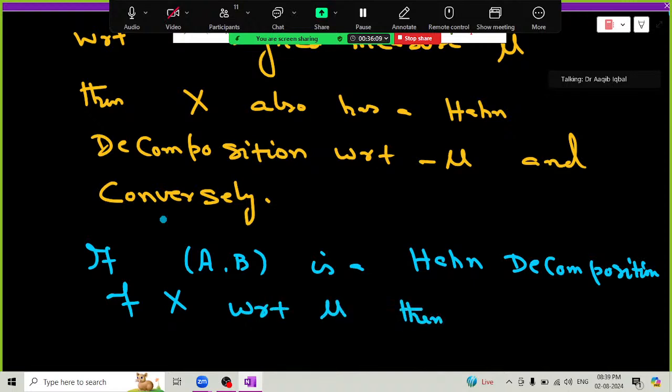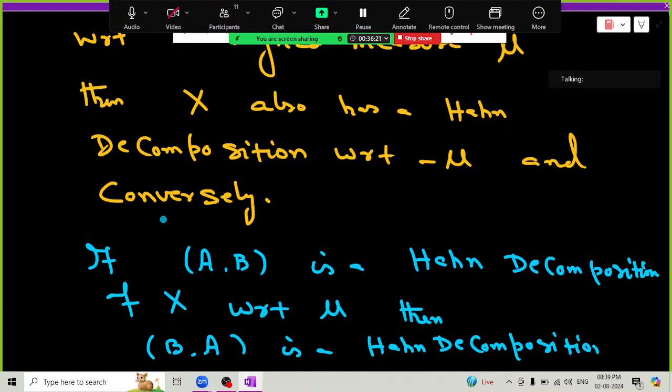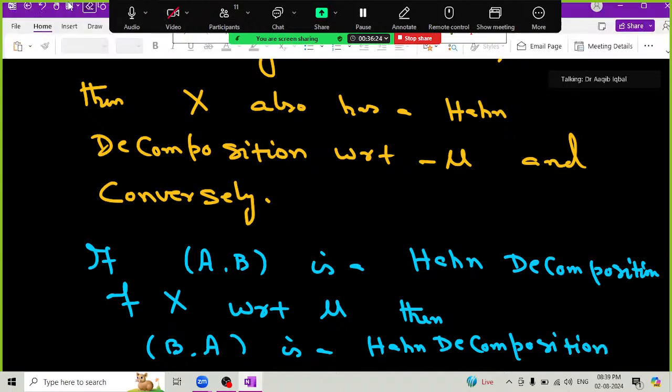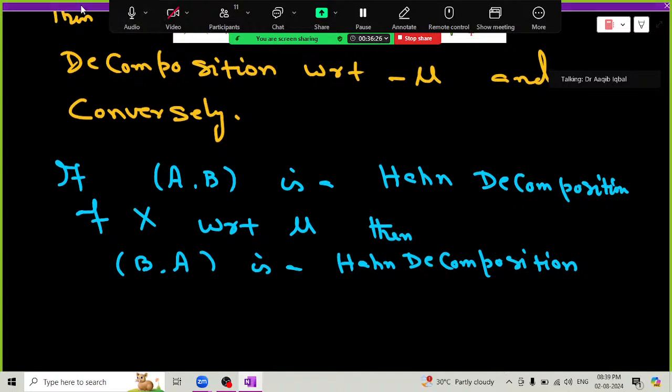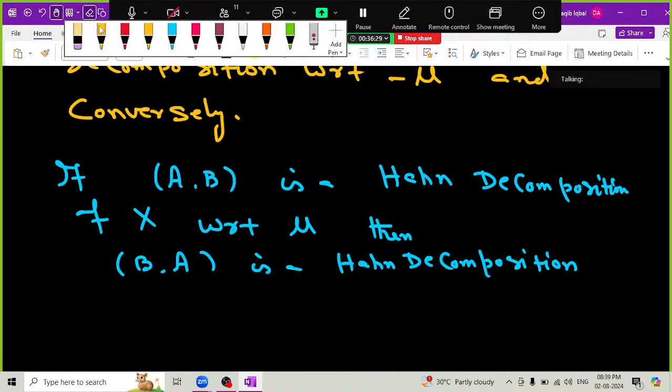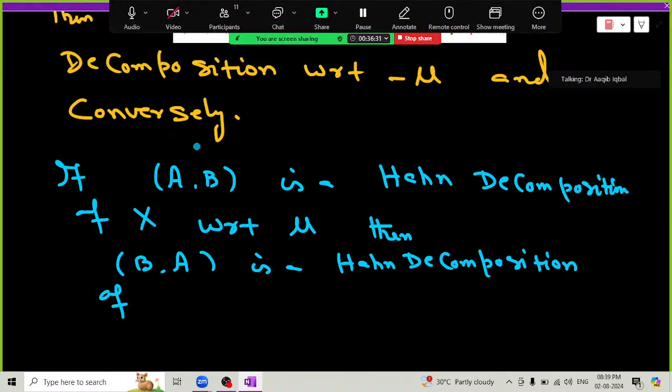Then B comma A is a Hahn decomposition of X with respect to minus mu. So if this ordered pair exists, then this ordered pair also exists. यही मैं आपसे कह रहा था.